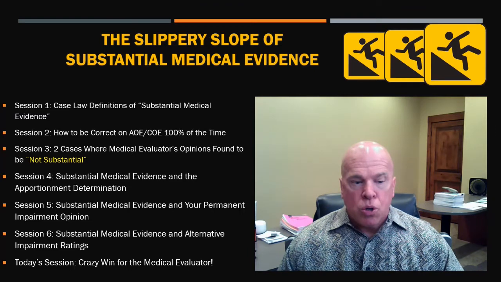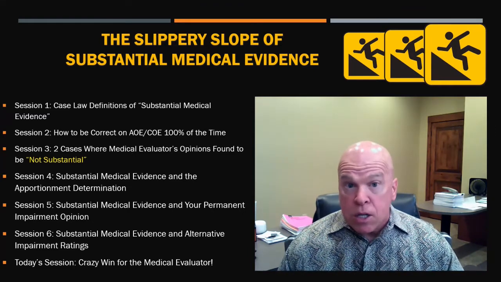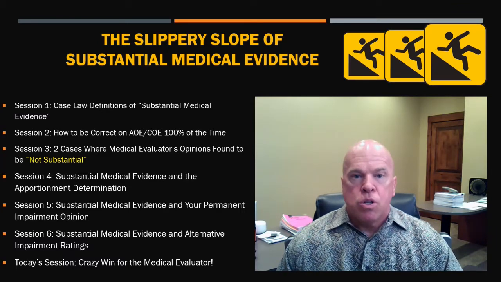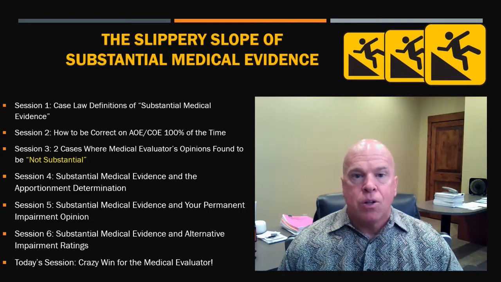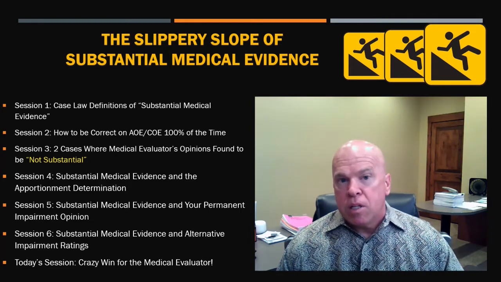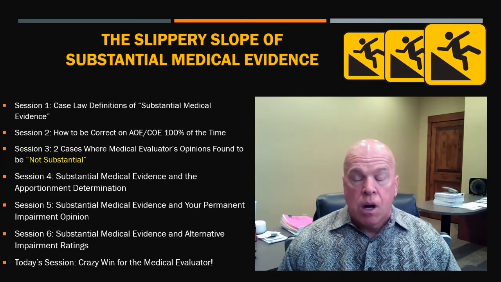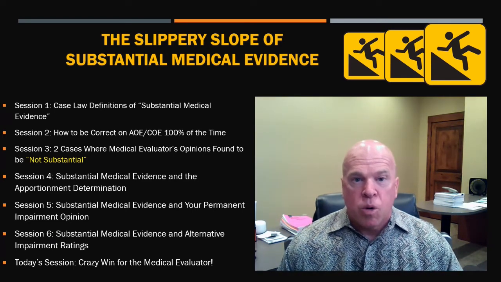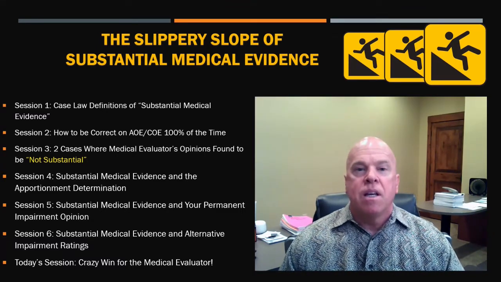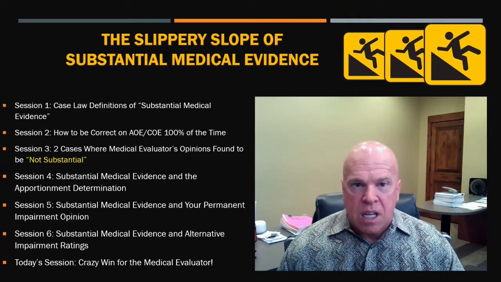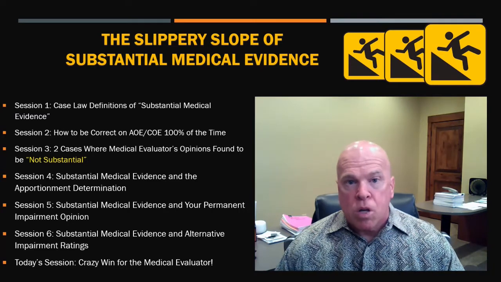In session number 2, we took those ideas and we applied them to the causation determination, which is especially applicable today when we're seeing so many denied cases, including the post-employment cumulative trauma denied cases where you as the qualified medical evaluator are called upon. In other words, the reason the evaluation is called for is so that you can provide an opinion as to whether the examinee qualifies or does not qualify for workers' compensation benefits.